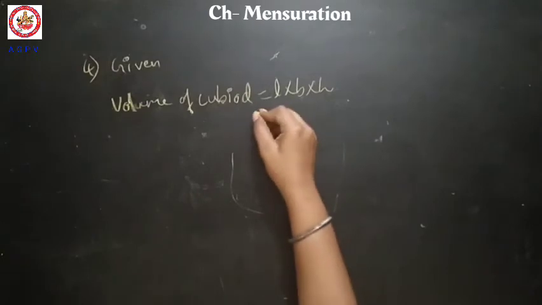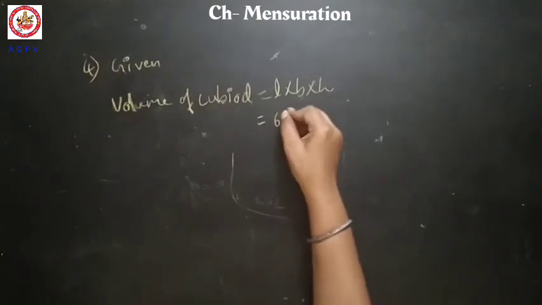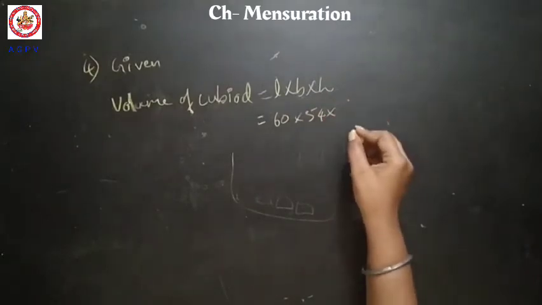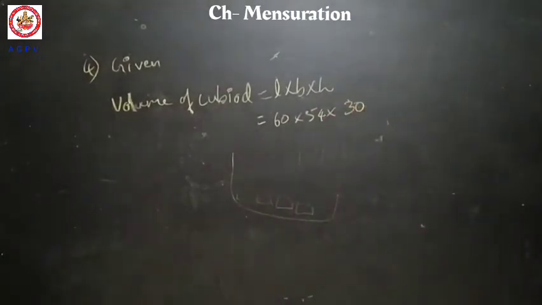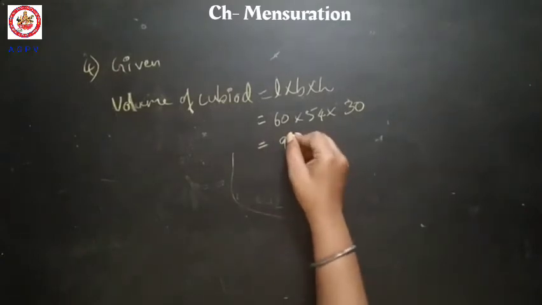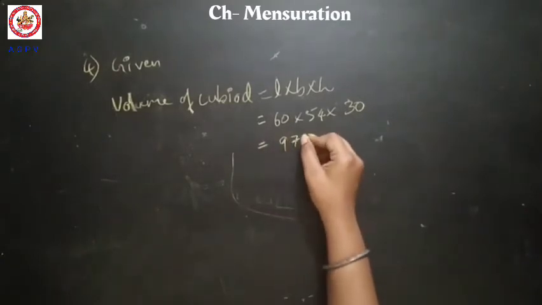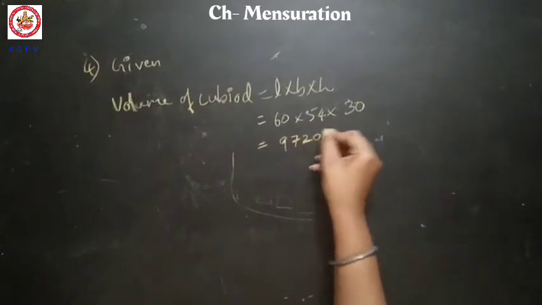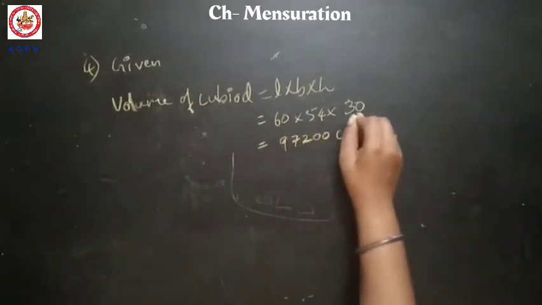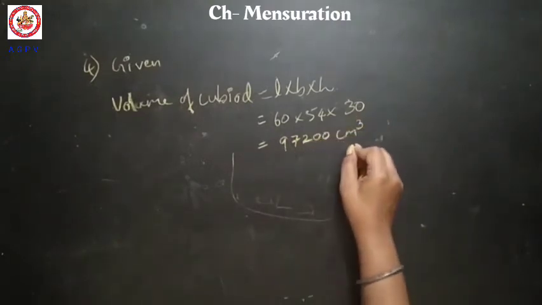Now let us substitute the values, that is 60 into 54 into 30. If you multiply this, we will get the answer as 97,200 centimeter cube. So please verify the answer and then write it down over here.